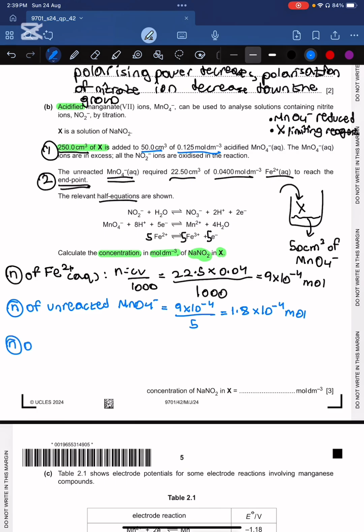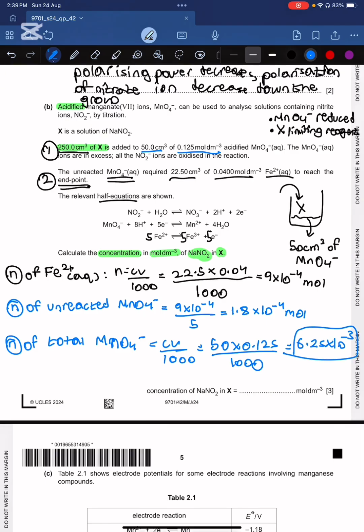So the number of moles of total MnO4 minus is equal to Cv over 1000, 50 times 0.125 divided by 1000, which is equal to 6.25 times 10 to the power minus 3. This was the total moles.